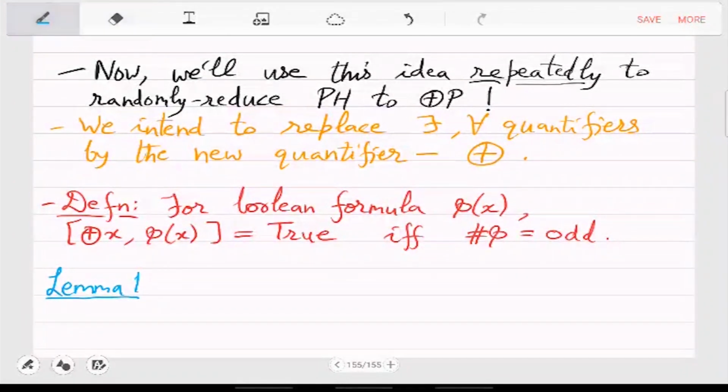So let's just call this lemma parity. Let C be a constant.